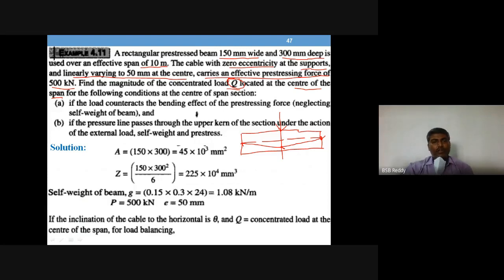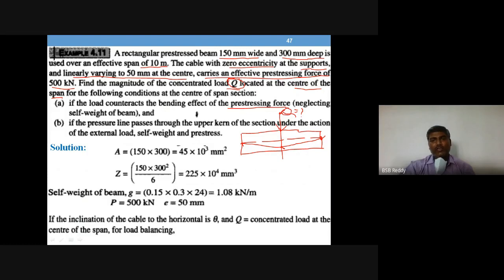Case A: the load counteracts the bending effect of the pre-stressing force, neglecting the self weight of the beam. If the load counteracts the bending effect of the pre-stressing force only, then what will be the Q value? What load can it resist? What is the value of Q when you don't have self weight and you don't have external loads, only the pre-stressing force?